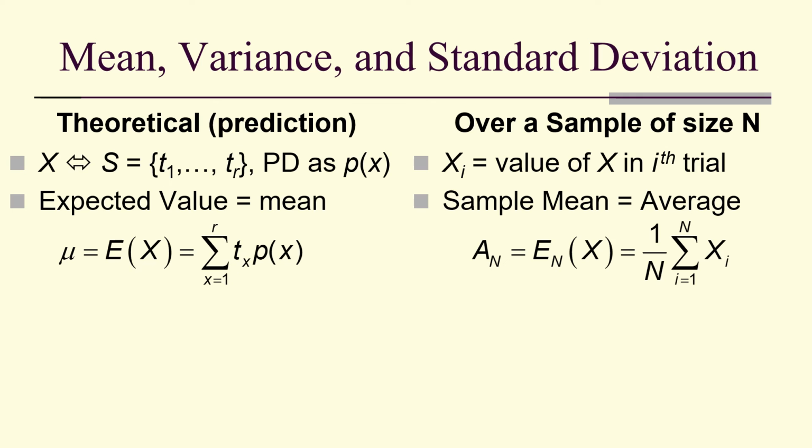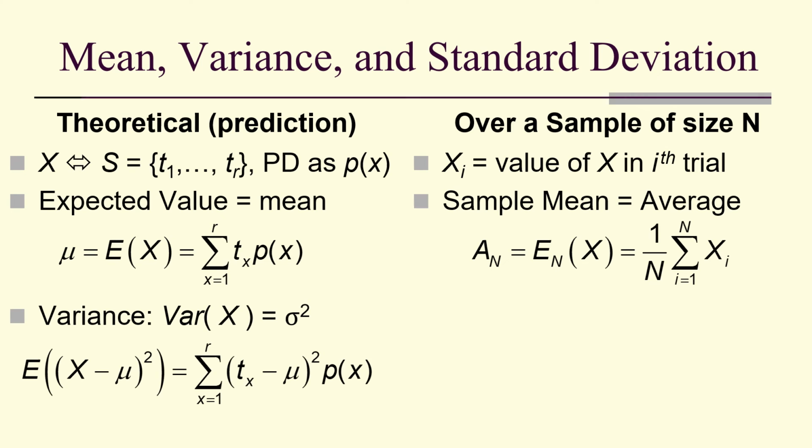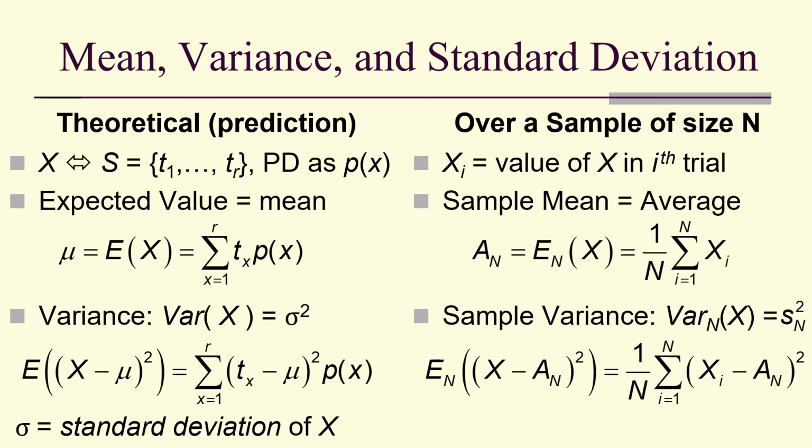The sample mean over trials is the average for those trials. The variance, denoted by sigma squared, is defined this way. The sample variance, similarly, is defined to be little s sub n squared, which is the sample average of the x sub i trials minus a sub n, squared.